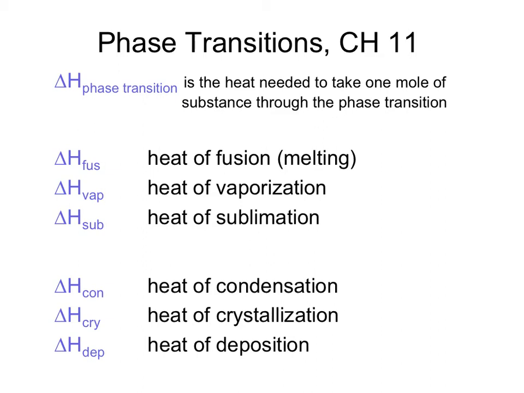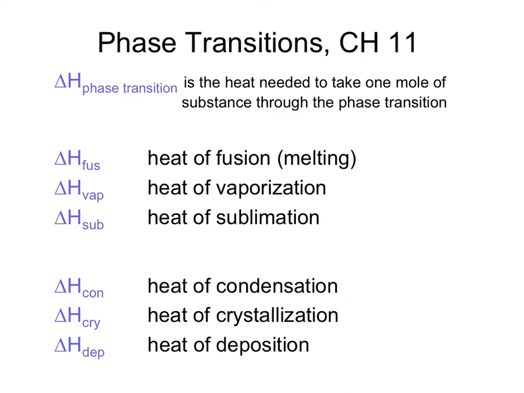Heat of fusion. Fusion is the same thing as melting. You can also see this sometimes as delta H f, fusion, and you just have to remember that means melting. Then this is a symbol for heat of vaporization. And notice what this is. It's the heat needed to take 1 mole of the substance through the phase transition.